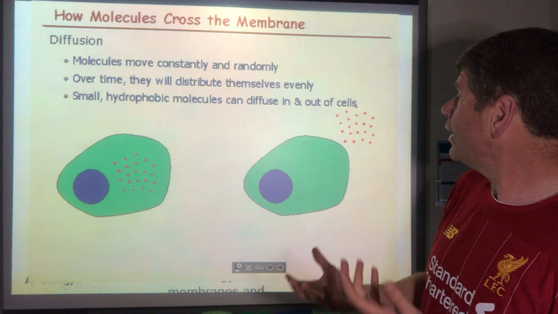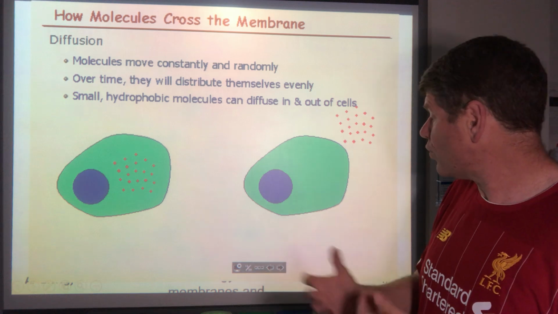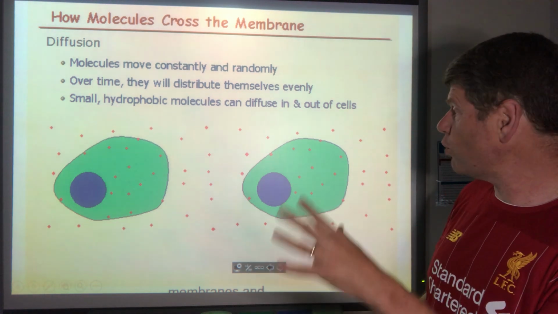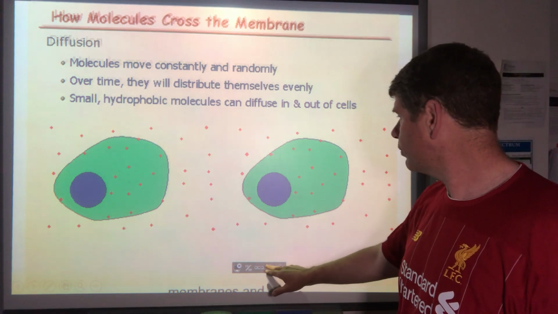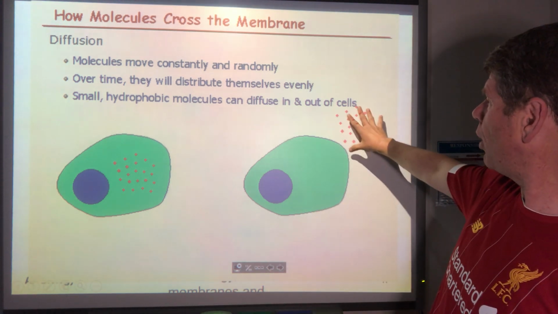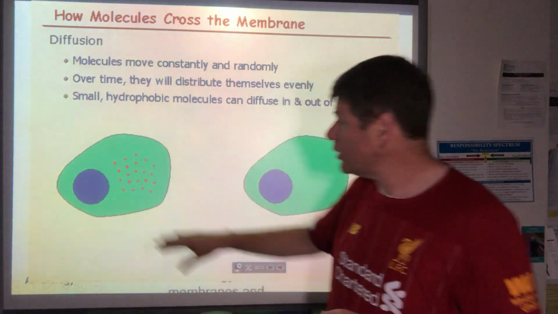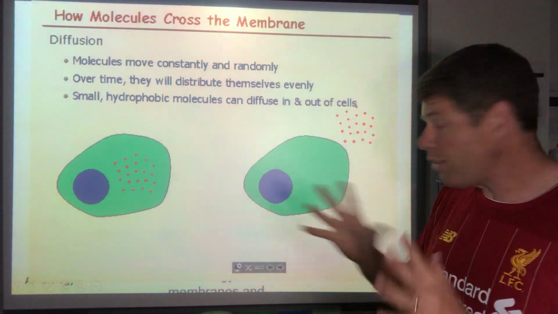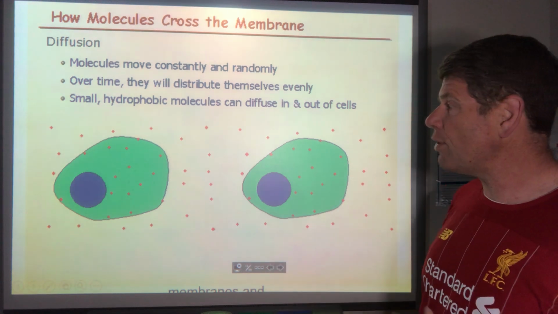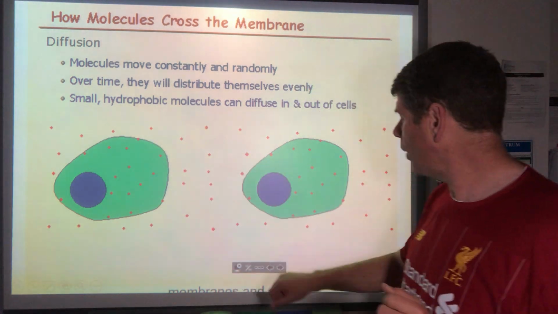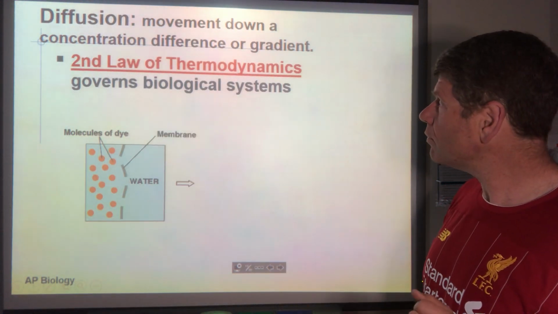These molecules can diffuse in and out of cells quite readily. And so they're going to just move from a high concentration to a low concentration. Okay, so you see here the molecules are tightly together, maybe they're inside the cell tightly together, but because of that random motion, they're going to spread themselves out evenly, so that you'd have an even concentration inside the cell as well as outside the cell.